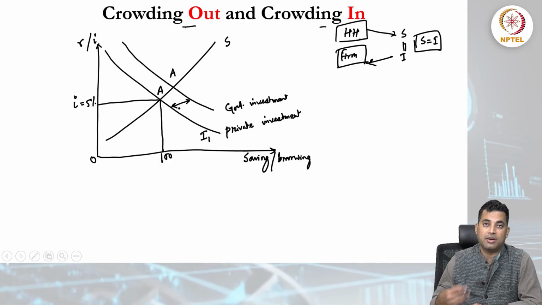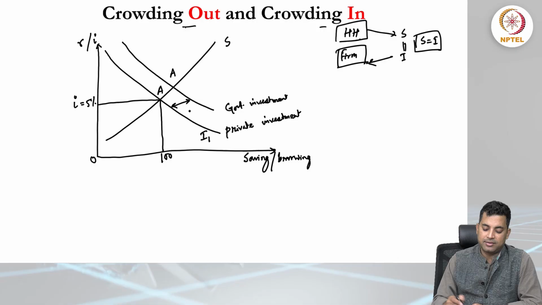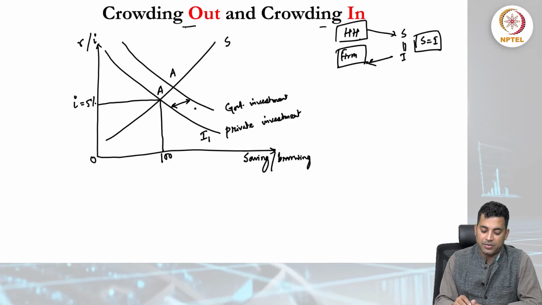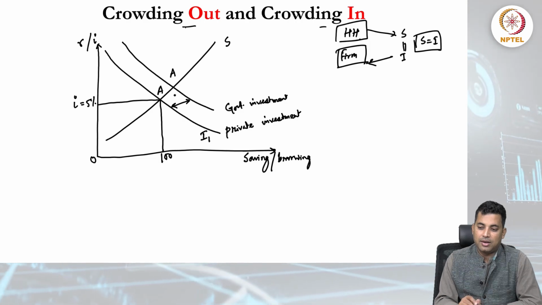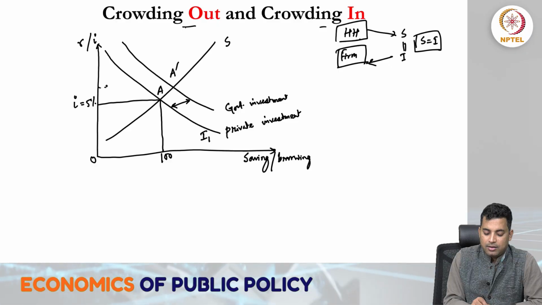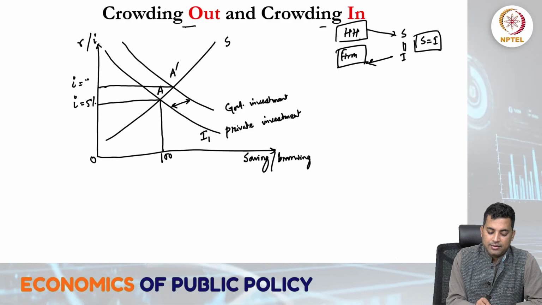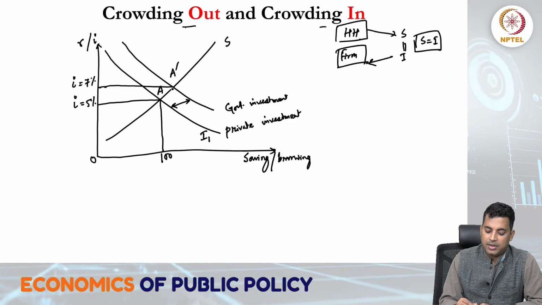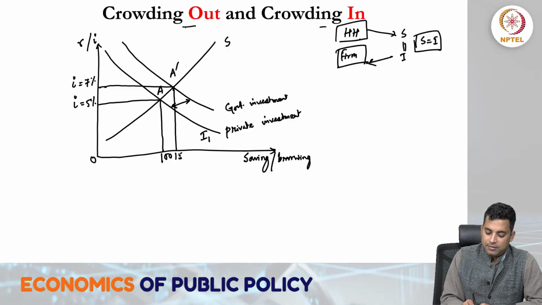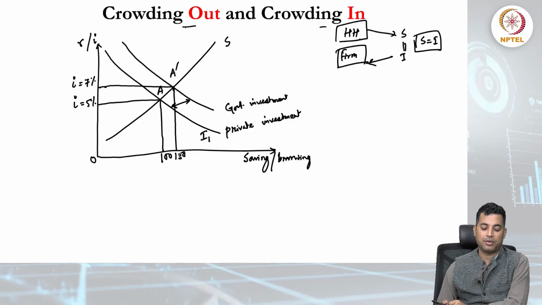So the government is spending, government investment has taken place, and therefore this investment, including government expenditure, has increased, and this is how we get the new equilibrium point. And you can see the rate of interest has increased, say from 5 to 7%, but in this equilibrium we get, say, 150 units of savings or borrowing, whatever amount we are talking about here.